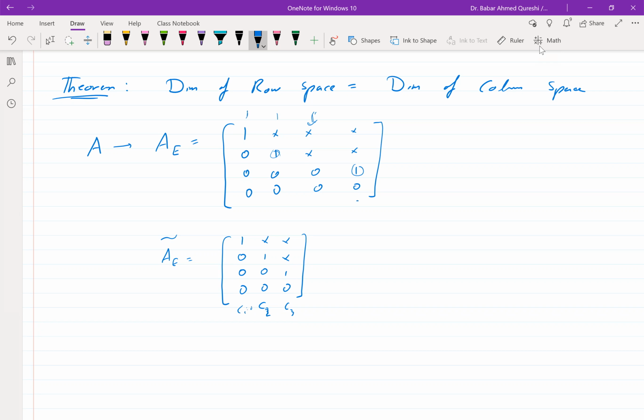This logic was failing here because it's true that C4 had to be put equal to 0 because I cannot cancel this one against any one of these. But C3 and C2 could cancel against each other, right? Because I have an entry here and an entry here. In the previous case, you were having successive zeros below as you move through the list of vectors.